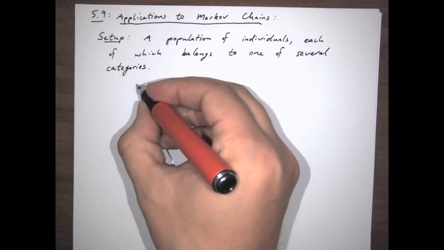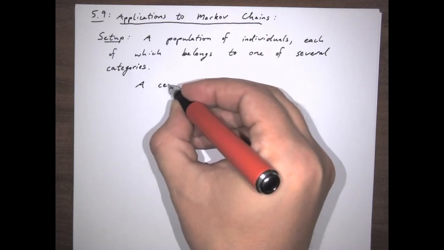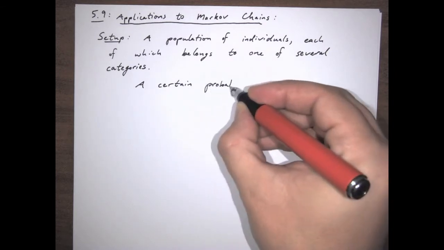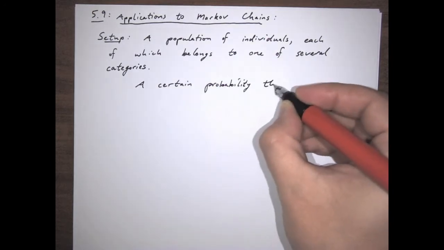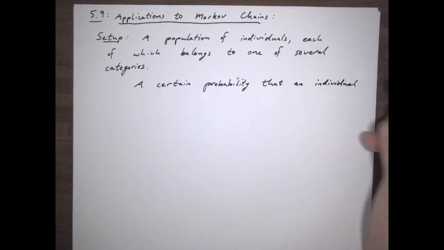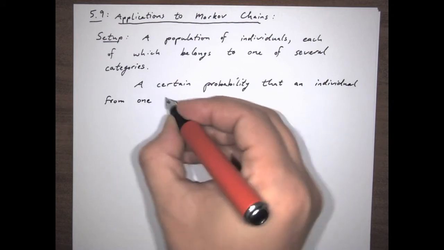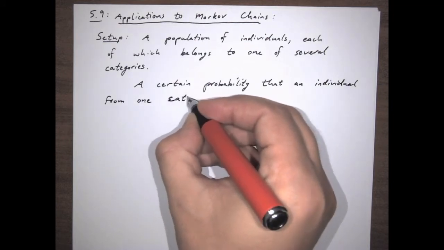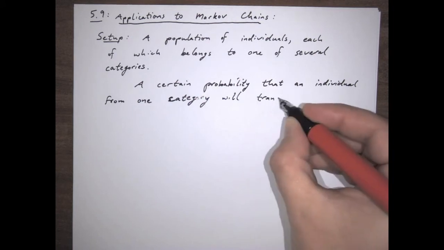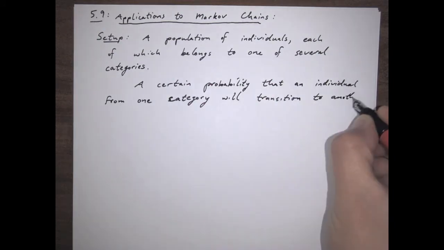That's one part of the setup, and we also have a certain fixed probability that an individual from one category will transition to another.